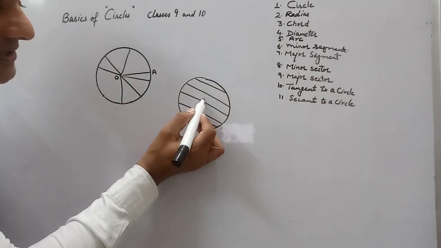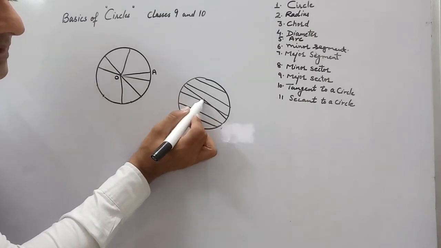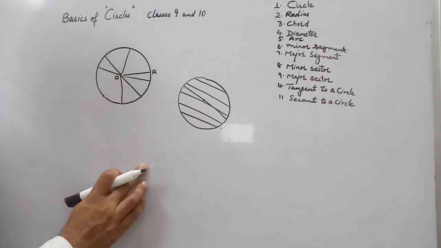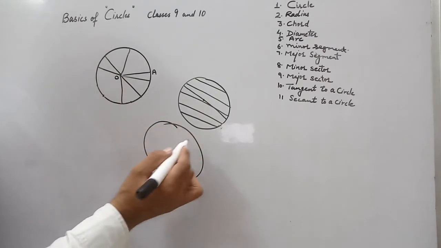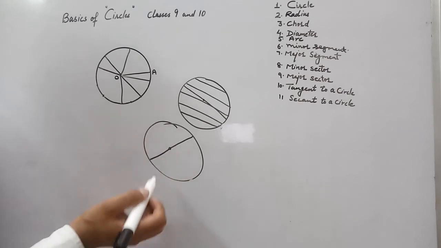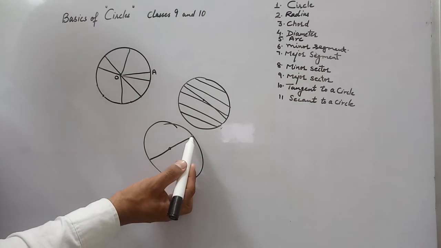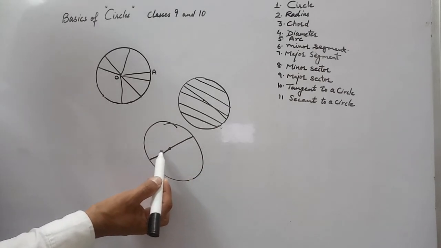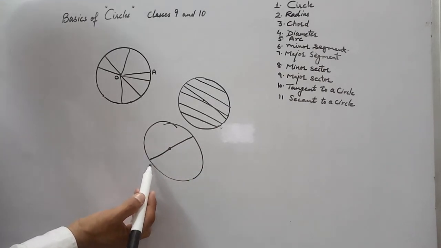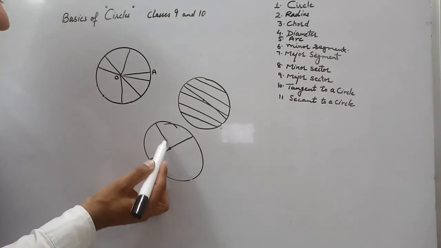So one special chord is there which is going through the center. This is called diameter. So this is also a chord but it passes through the center. So we can define diameter as a chord which is passing through the center, and the diameter is the longest chord of a circle.